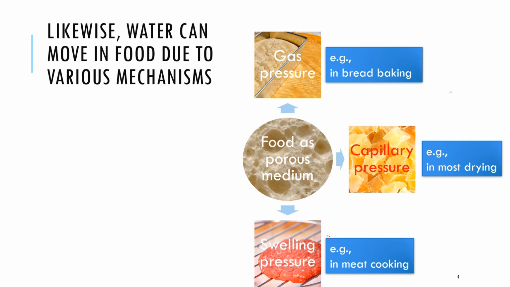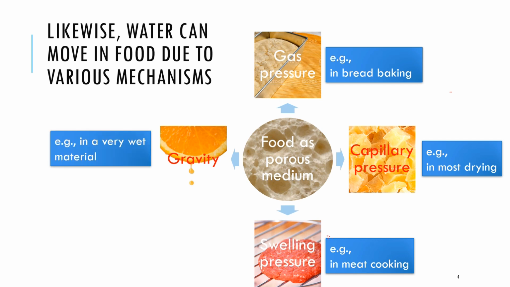So there is going to be a shrinkage associated with the amount of water that there is, and this is handled using swelling pressure. And finally, there is gravity. That is true for very wet material, where gravity can cause water to flow in a food.